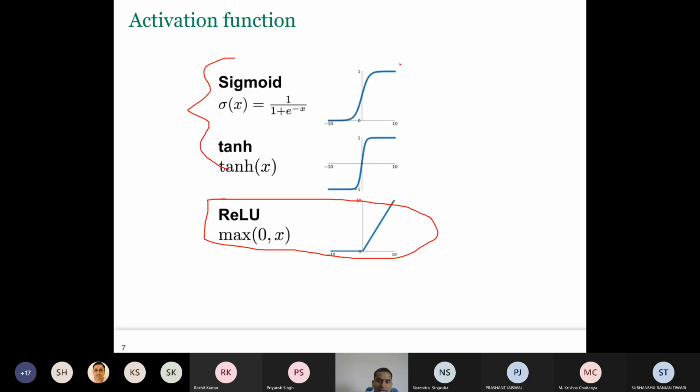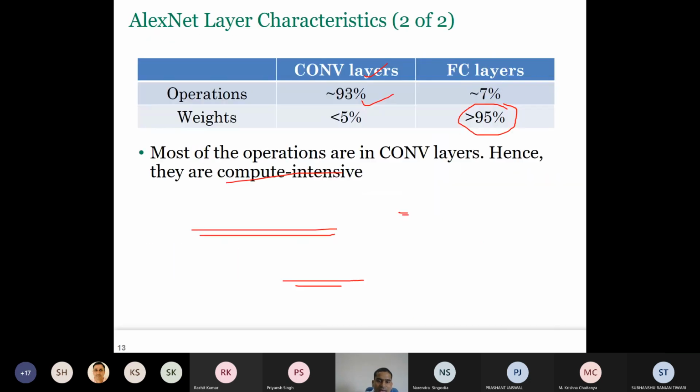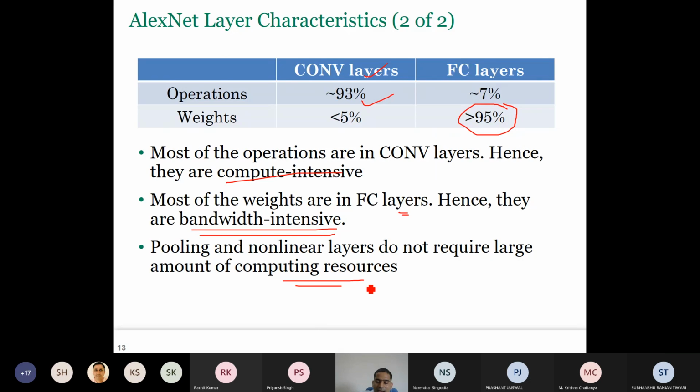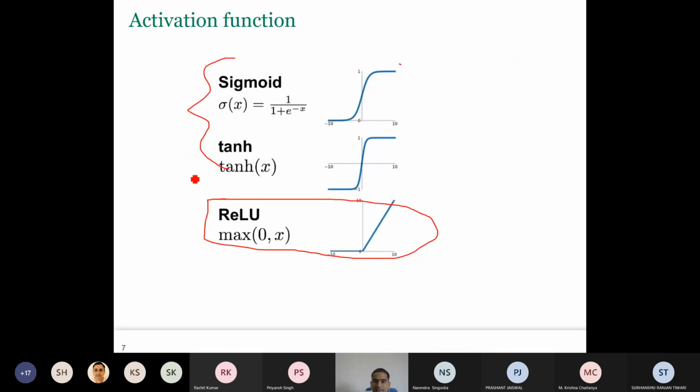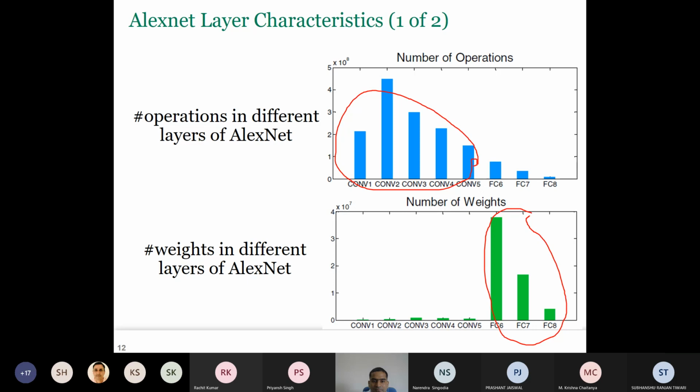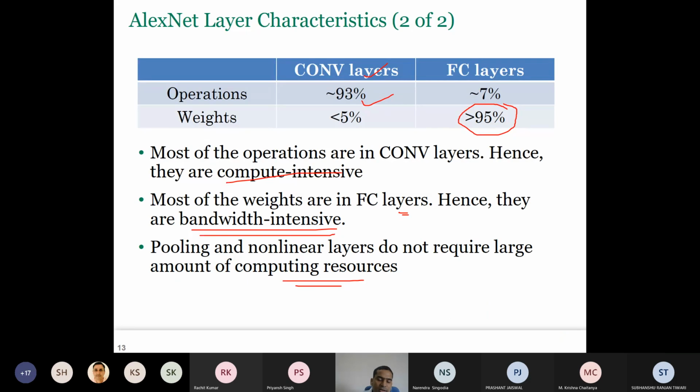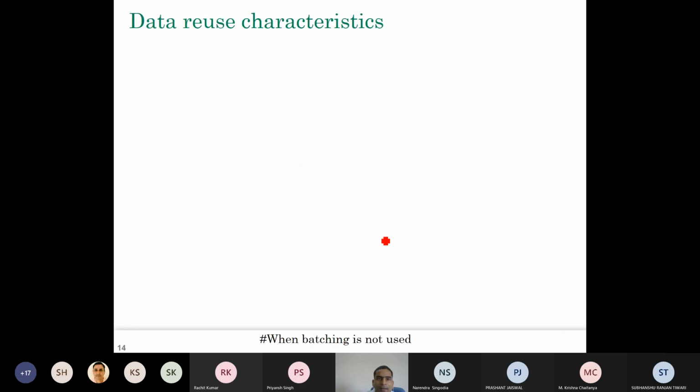And similarly, a nonlinear layer, for example ReLU, also has no weights. We just multiply the previous output with a certain value to get the new output. They don't need any computing resources.